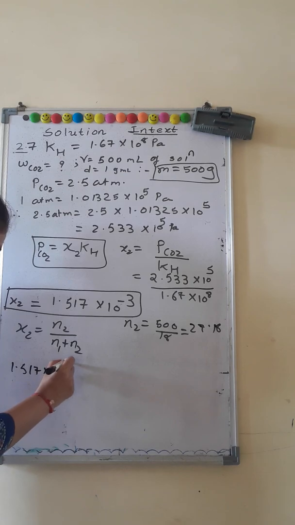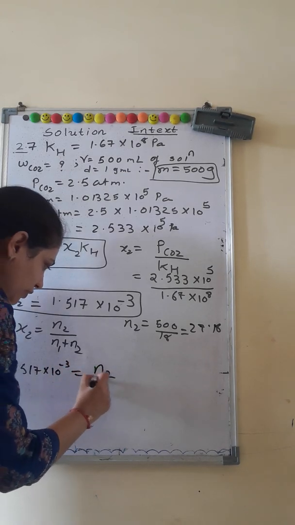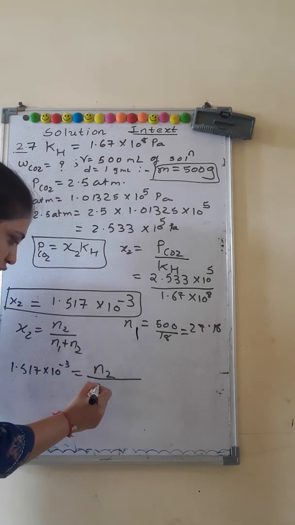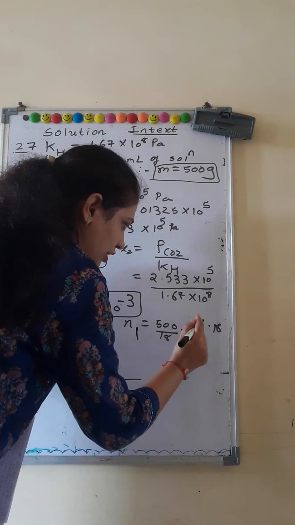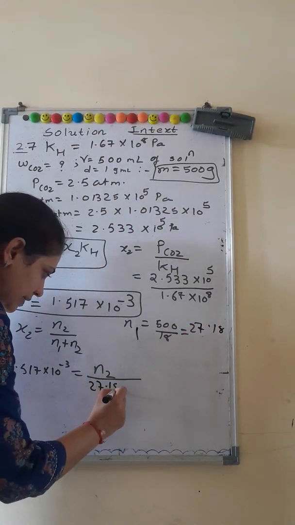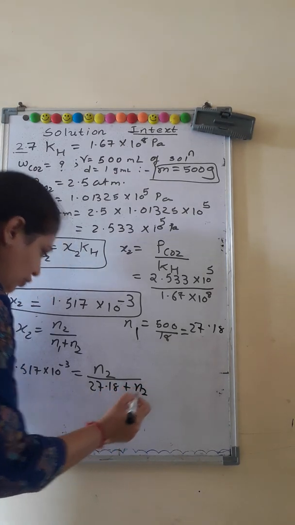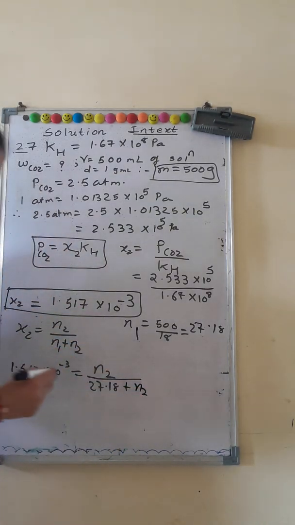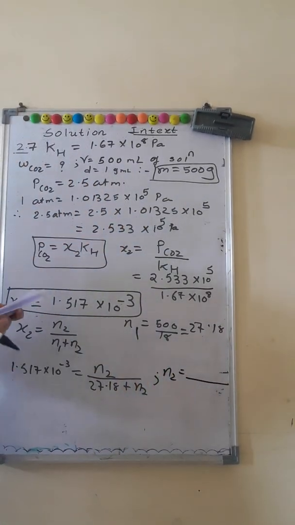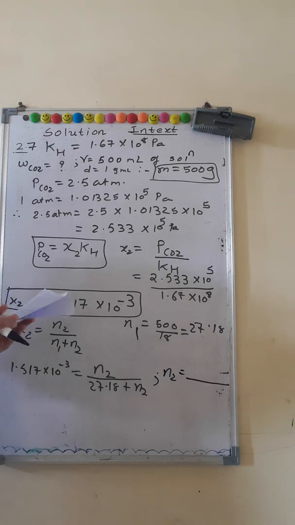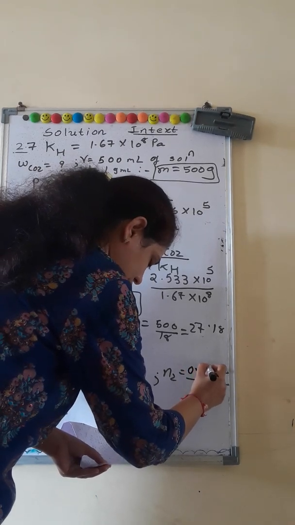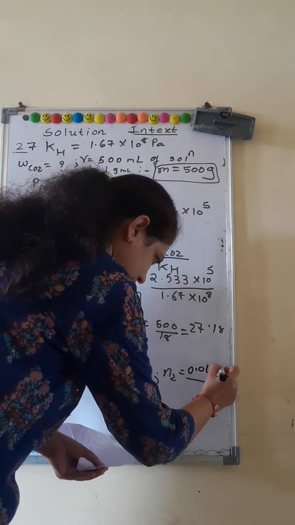Now chi2 answer we got as 1.517 into 10 raised to minus 3 is equal to N2 divided by N1, that is number of mole of water, we got as 27.18, plus N2. You solve this mathematically and you will get value of N2, that is number of mole of CO2 gas, and I have solved it, and its answer is 0.0420.